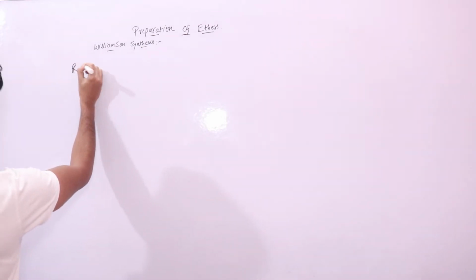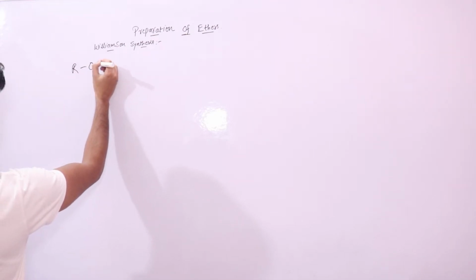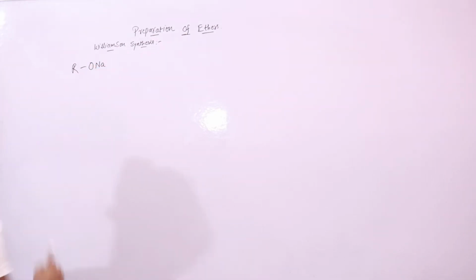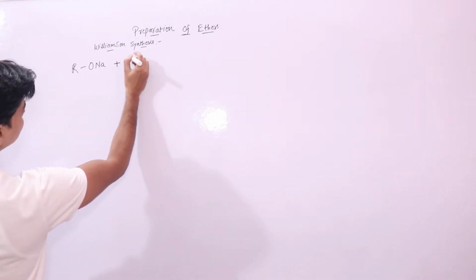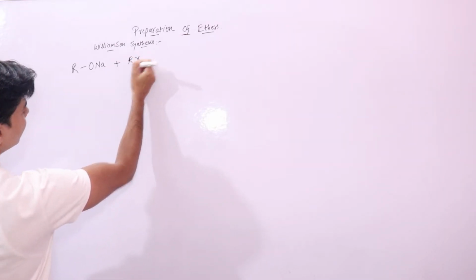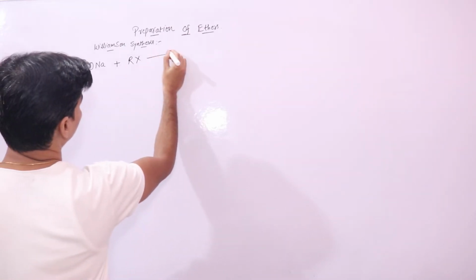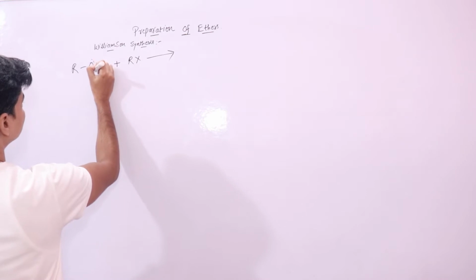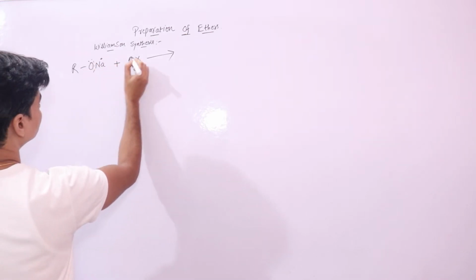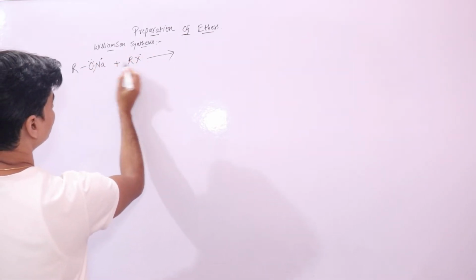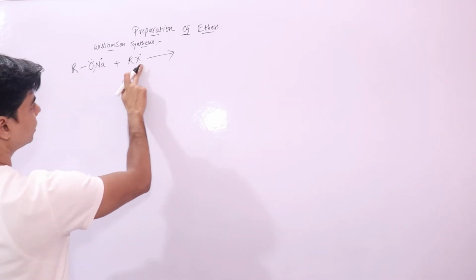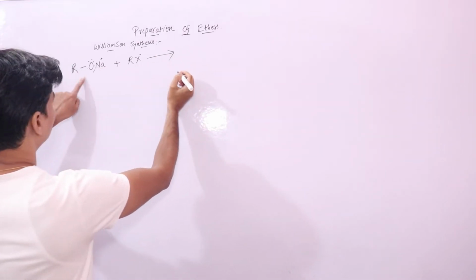We take this, your sodium alkoxide, and this is treated with alkyl halide to form ether and sodium halide. Sodium halide would be removed.